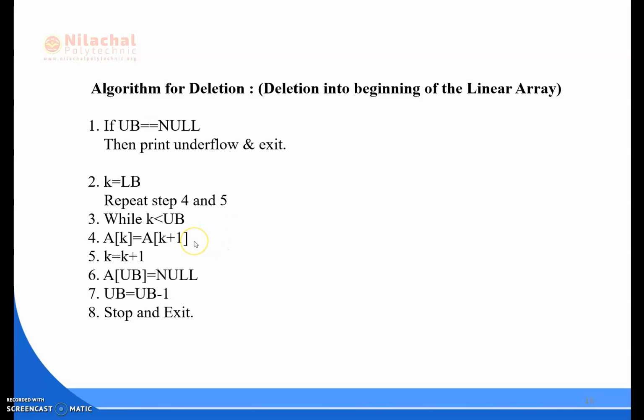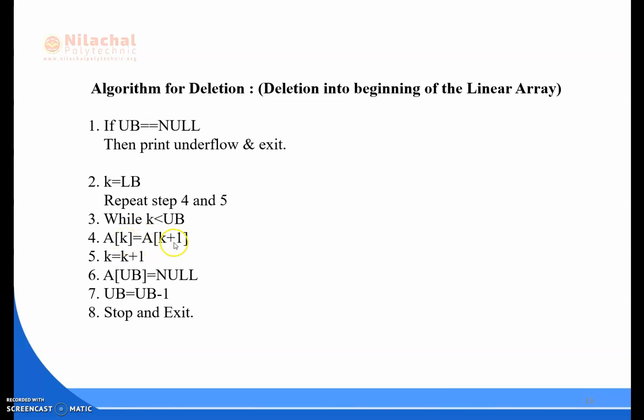So at step 4, the value of a of k plus 1 will be assigned to a of k, and at step 5 the k value will be incremented by 1. So what is this process actually? In the 4 and 5 process, if we look at it closely, the data elements are being moved from one location to its previous location.